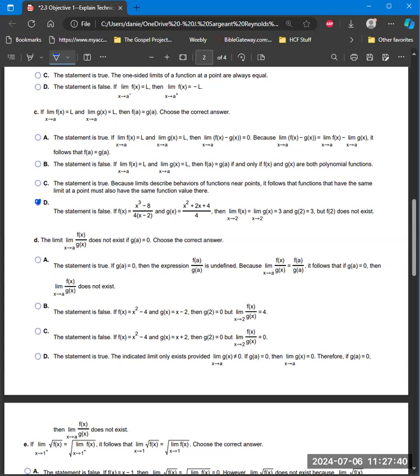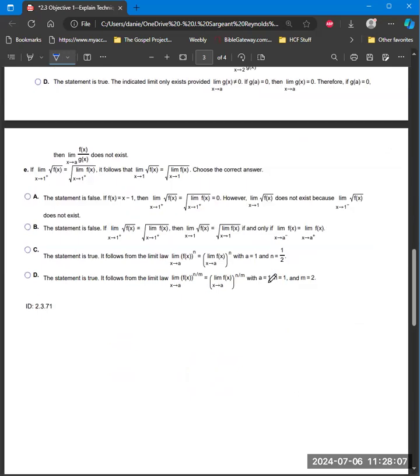It doesn't exist if the limit as x approaches a of g of x equals 0. So if f of x equals x squared minus 4 and g of x equals x minus 2, then the limit as x approaches 2 of f of x over g of x exists, and it is 4, even though the denominator would have been 0, so that's B.